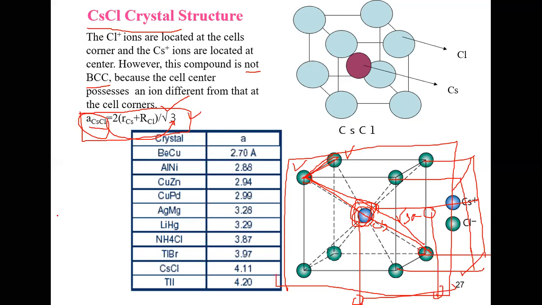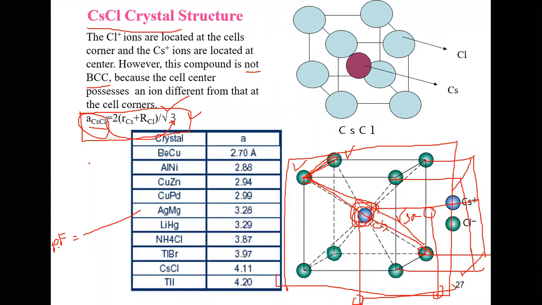So as before, if I ask you to find out the packing factor in this case, how are you going to calculate? Packing factor will be the volume occupied by the spherical atoms.